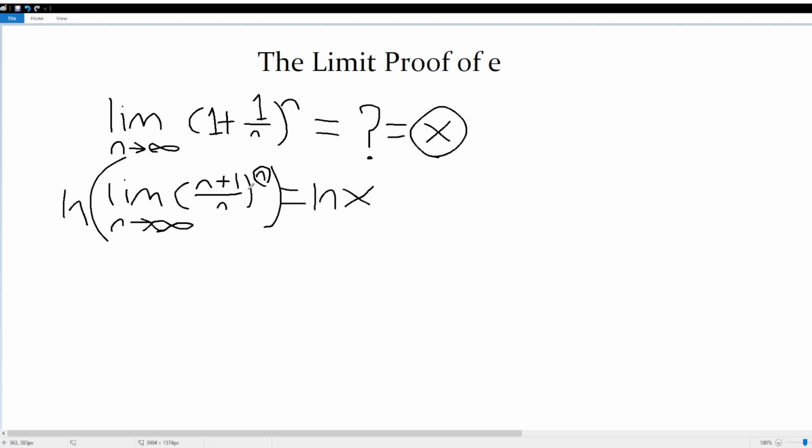Basically, it's going to allow us to pull this down, and this makes it a lot easier. Because this is just a value that n is approaching, by limit rules, you can kind of just plop this in here.